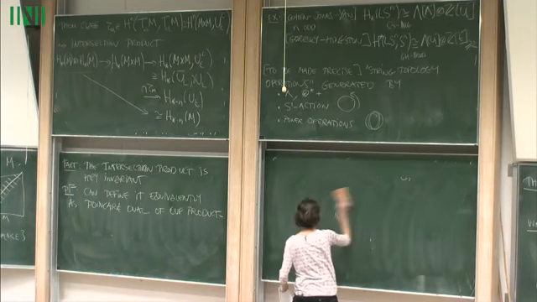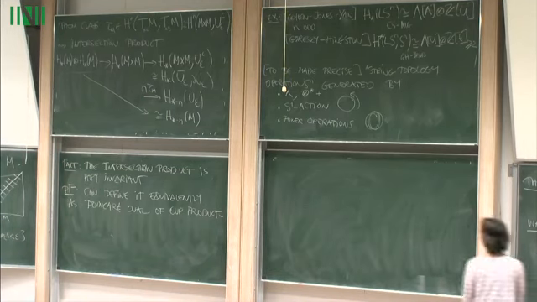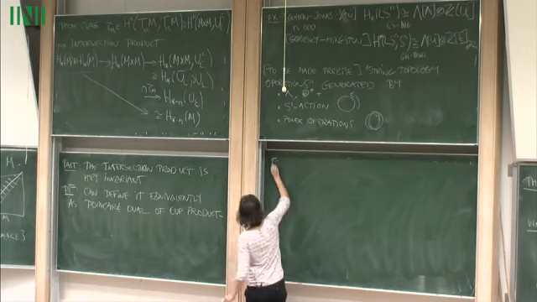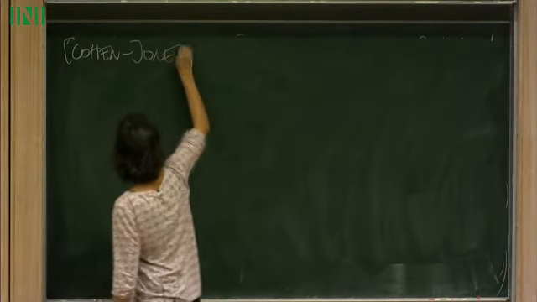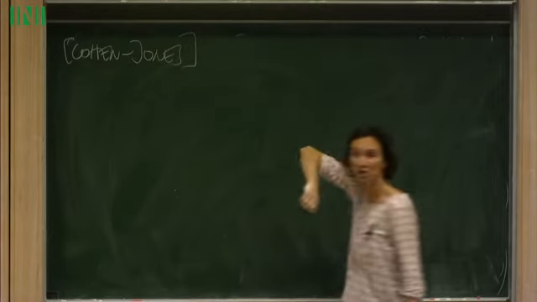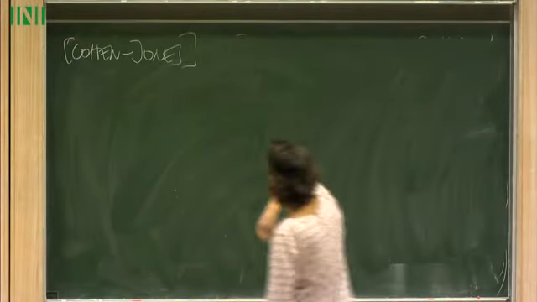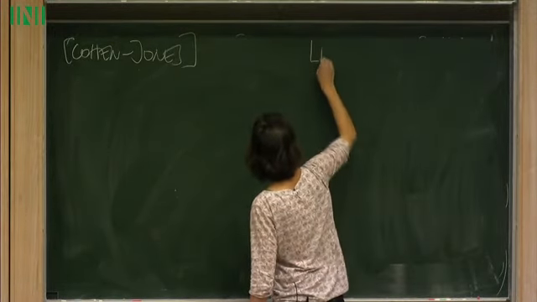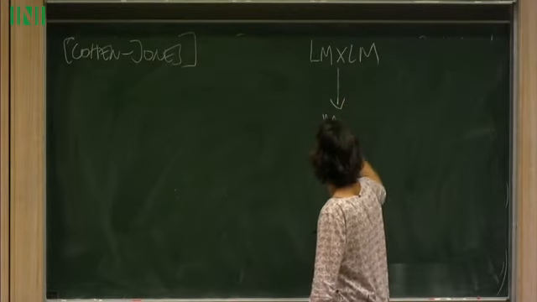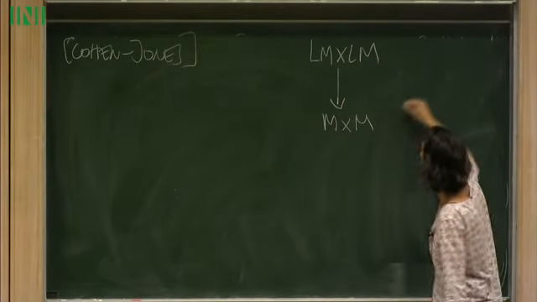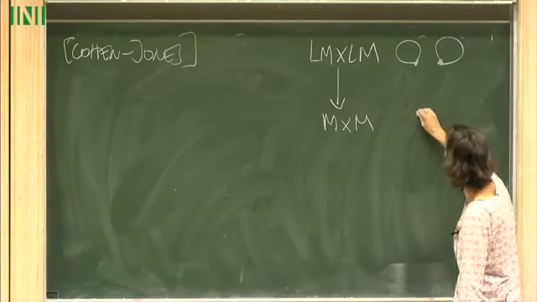Okay, so Cohen-Jones wrote this definition of the Chas-Sullivan product, which is just a lift of this intersection product. They say, well, you have Lm cross Lm living over m cross m if you evaluate your loops at the base points.